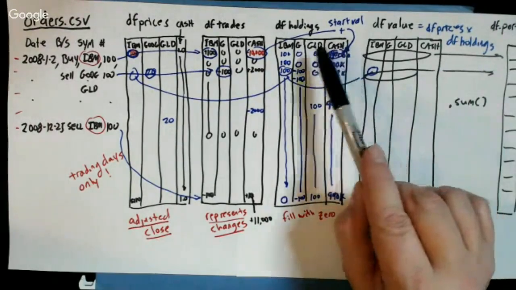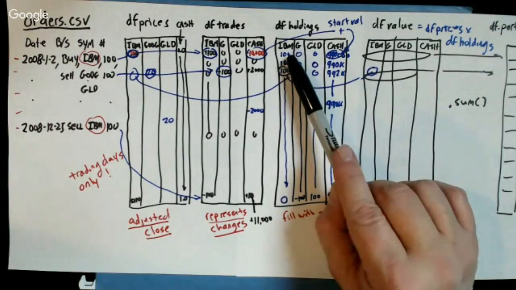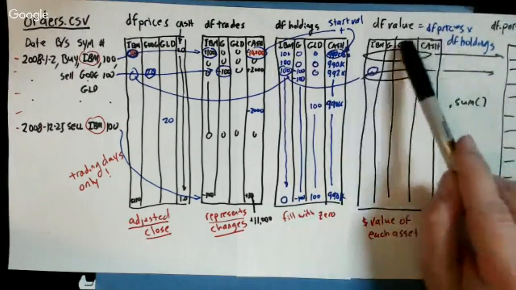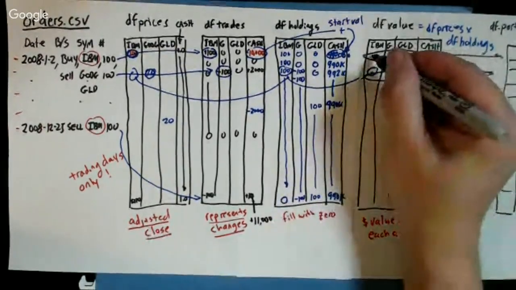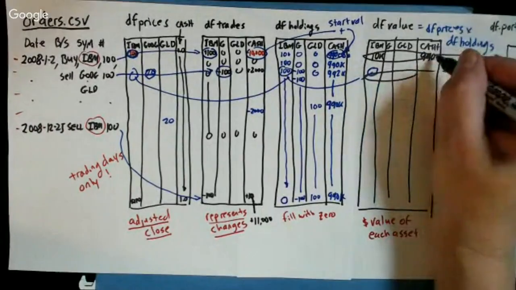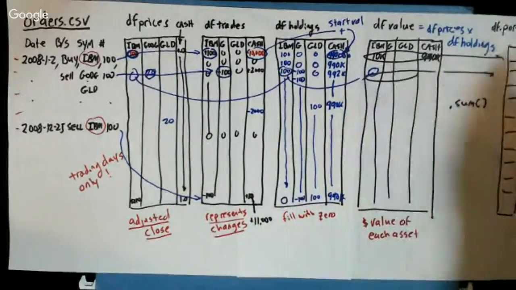But we bought 100 shares of IBM, and how much is the value of IBM? Well, it's $10,000. So when we come over here to this value, we would see that we've got 10K here. We've got 990K of cash. Well, 10K plus 990K is going to give us 1 million.